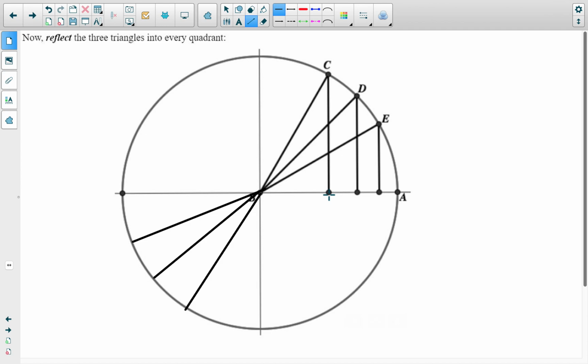So if we reflect this triangle, we're going to end up with a really, really fun diagram. All we're doing is we extended those lines, and now we're starting to reflect these 3 triangles into quadrant 3. I reflected their legs first, and now I'm going to connect the center to the intersection of the outside of the circle and that leg, because that would be where the hypotenuse is.